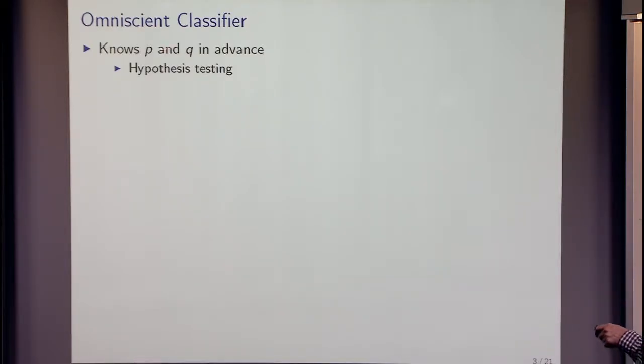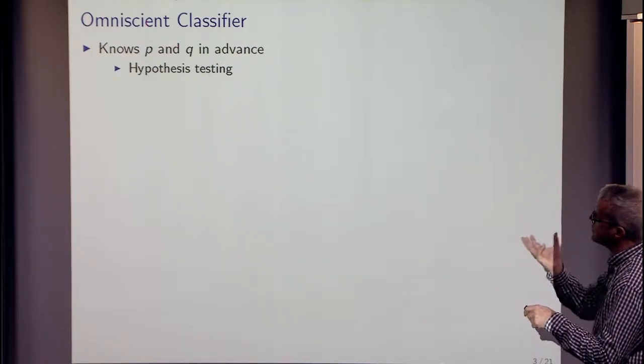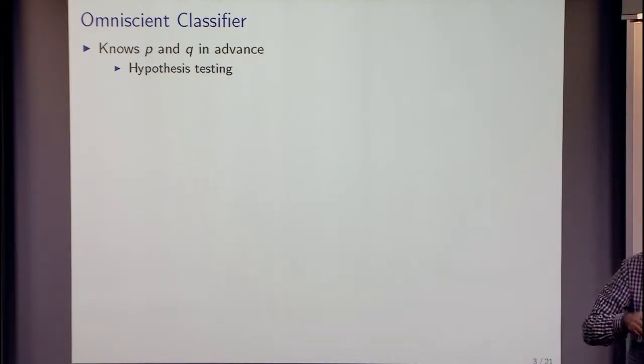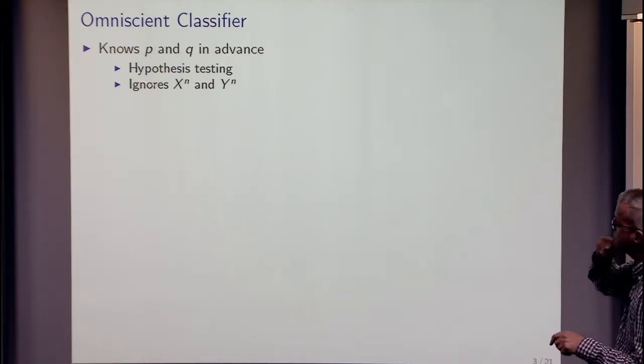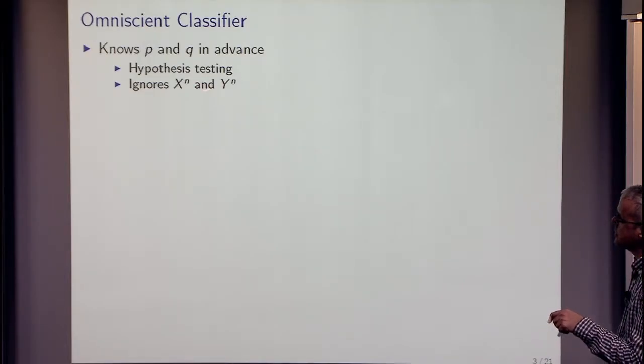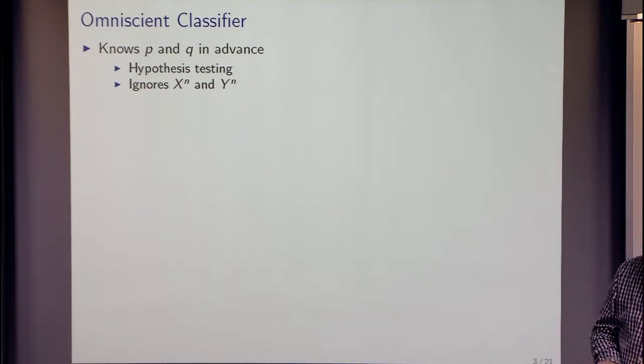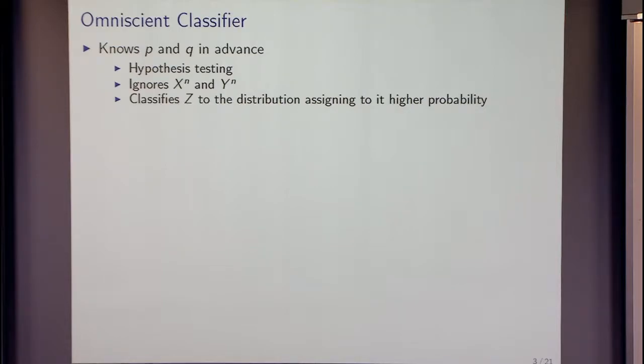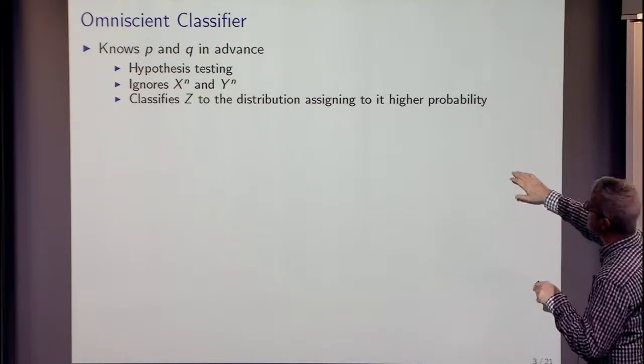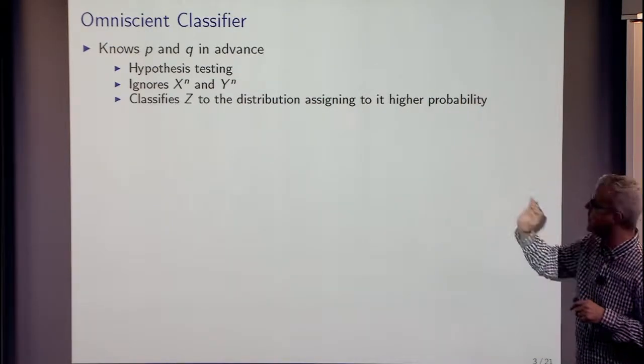In that case, the classifier's problem just becomes hypothesis testing. They know the distribution P, they know the distribution Q. Z comes in, they need to decide if it was generated according to P or according to Q. Just a classical hypothesis testing problem. They don't need to look at the training data because they know the distribution. It doesn't help them. They just classify Z to the distribution that assigns it the higher probability.